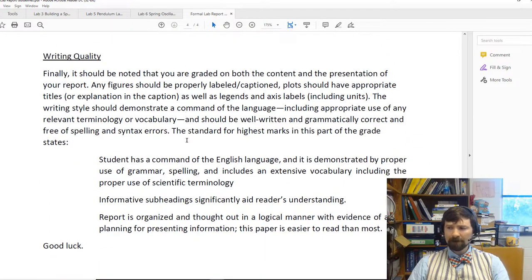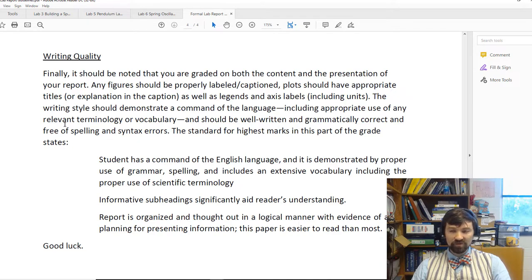All right. Finally, I'm supposed to grade you on writing quality. Basically, your figures are properly labeled and captioned, and plots have the appropriate titles, legends, axes, labels, units, all that stuff. You are using relevant terminology and vocabulary.